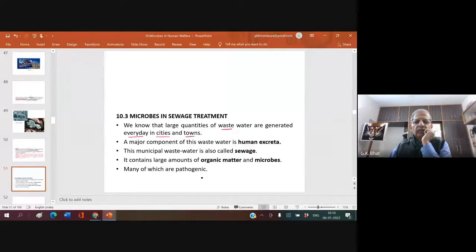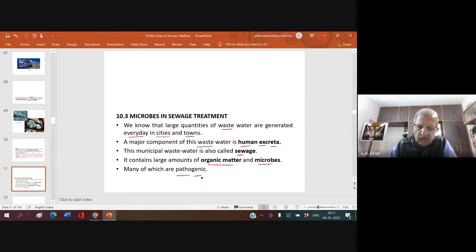This wastewater also contains human excreta. The major component of this wastewater is human excreta, fecal matter and urine. This municipal wastewater is also called sewage. It contains a large amount of organic matter and microbes, and many of these microbes are pathogenic, disease causing.